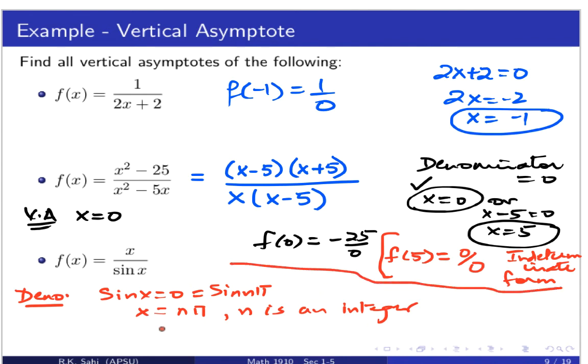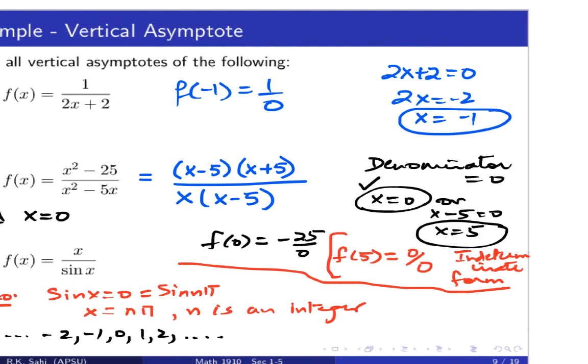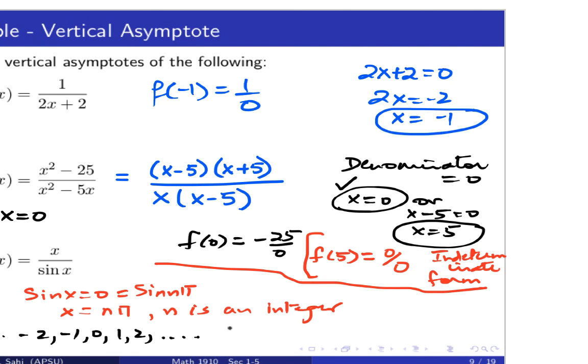Now remember, when n is 0, what happens? So that means for n equals ..., -2, -1, 0, 1, 2, the sine function is going to be 0. But what happens when you plug in 0? If I put f of 0, what do I get? A 0 over 0 form.